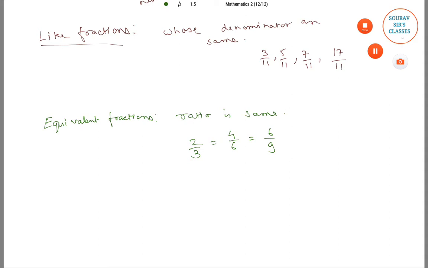This implies that if we multiply or divide the numerator and the denominator by the same non-zero value, then the value of the fraction will remain unchanged.